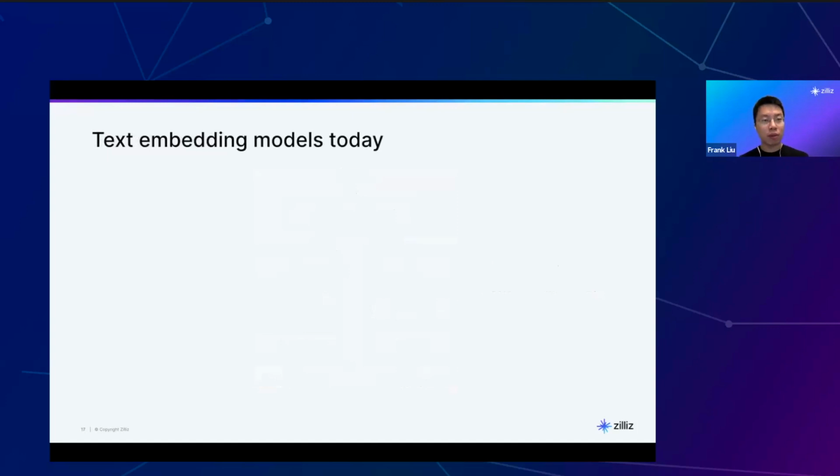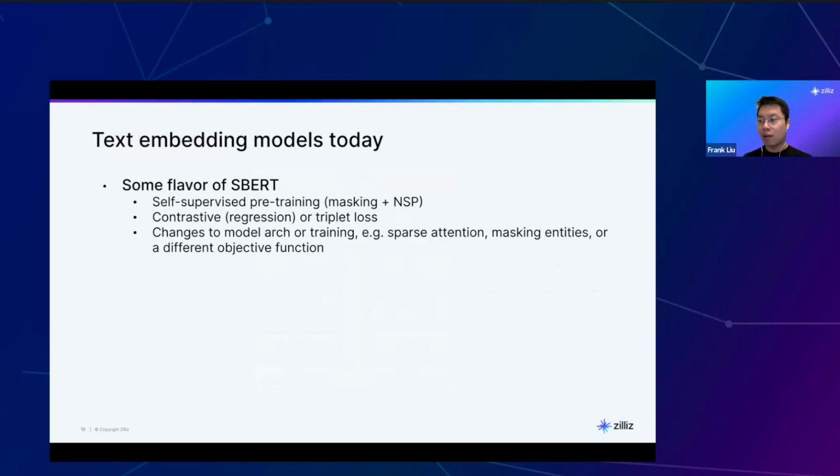If we fast forward and look at text embedding models today, you'll see that most of them are some flavor of Sentence BERT. They have the typical self-supervised pre-training of masking and next sentence prediction that you have from BERT, and then they will use some sort of contrastive loss or triplet loss to train that model.